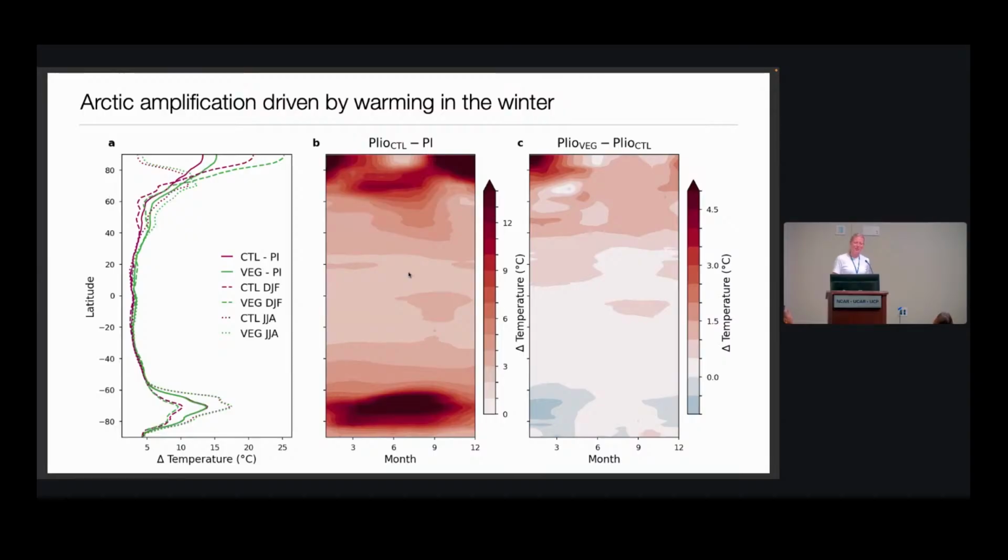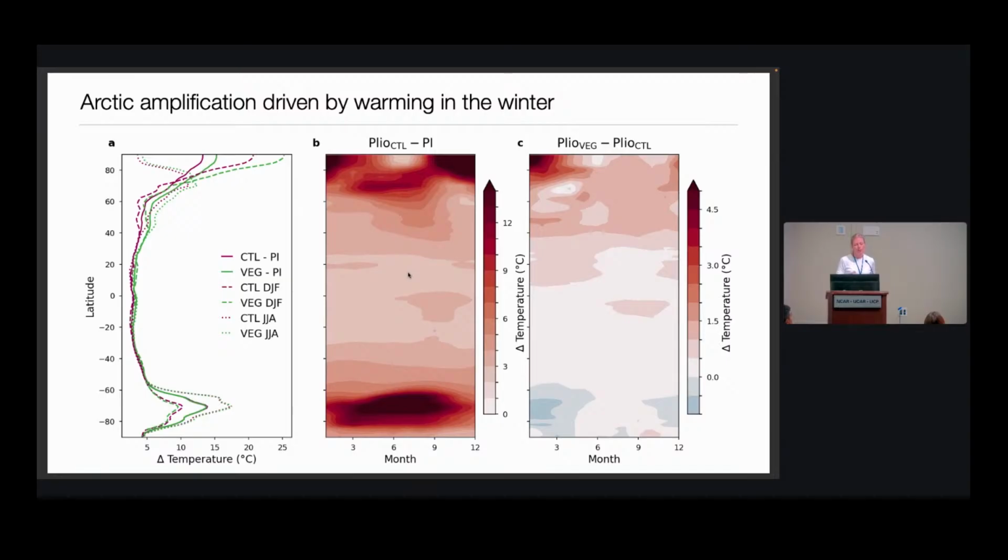So our winter warming, I wanted to see where this was coming from. Over on the left side, you can see the temperature by latitude, and our solid line is our annual temperature.